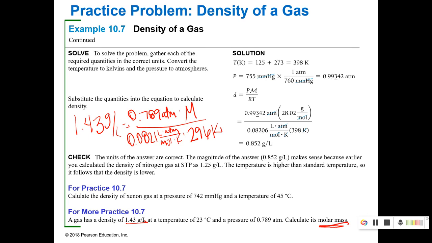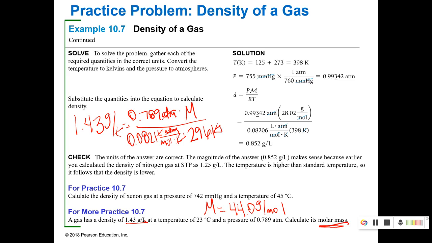I get that the molar mass is 44.0 grams per mole. Okay, and sometimes it's going to ask you what that is.